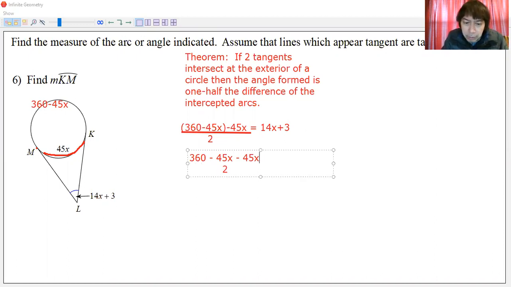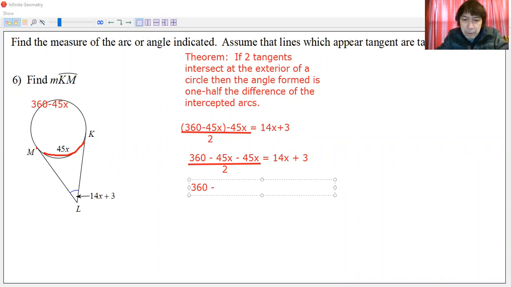And this will be equal to 14x plus 3 there. Okay, so we shall continue with the simplification of the equation. This will still be 360, 360 minus 45 and 45, that becomes 90x. We still divide this by 2.